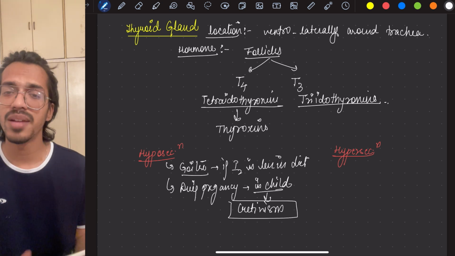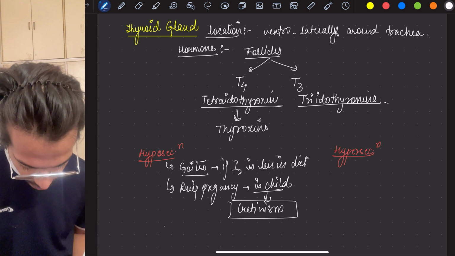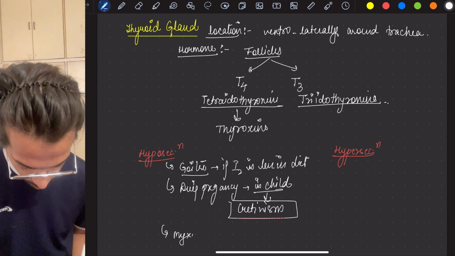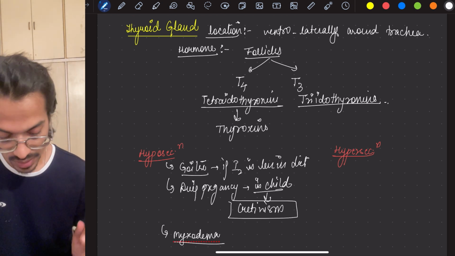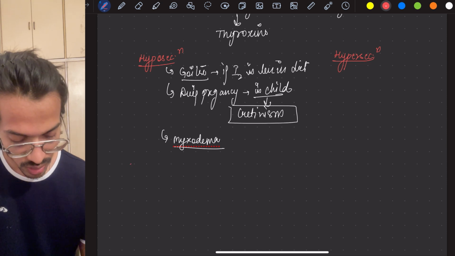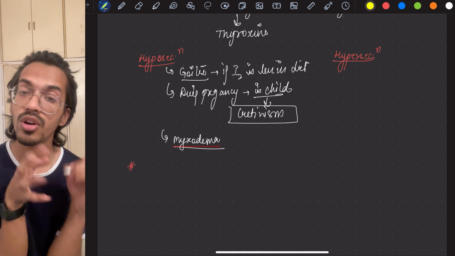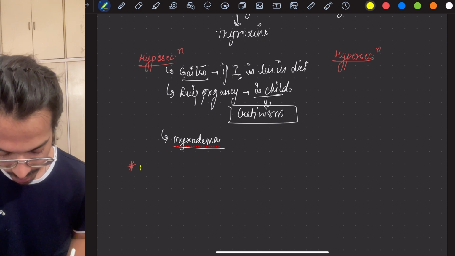So these things can happen in the growth of the baby, and it can even lead to myxedema in adults. As I told you, these hormones are responsible for a lot of functions, sexual, physical and metabolism. So metabolism will be affected.